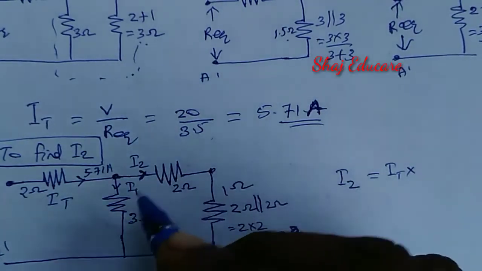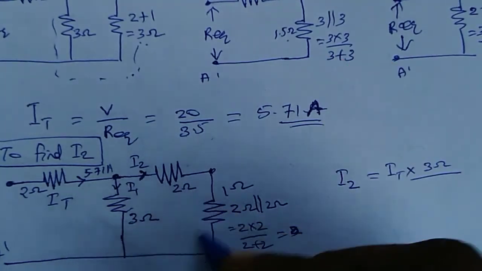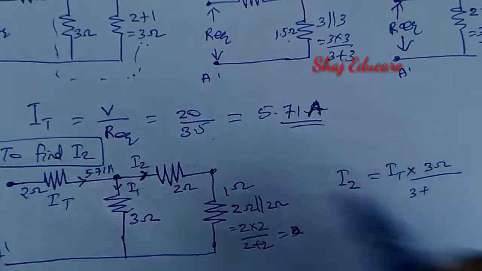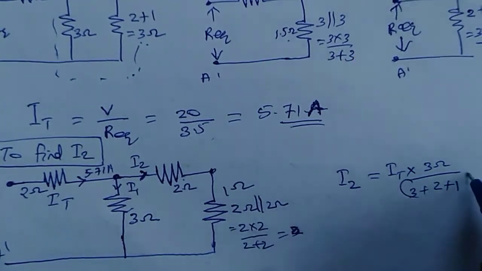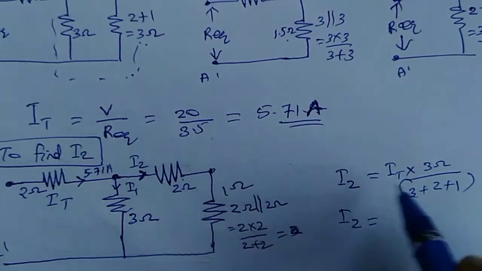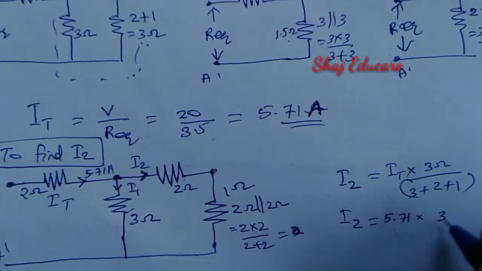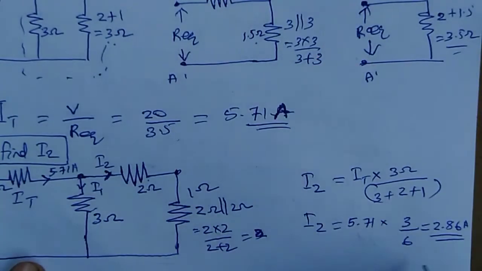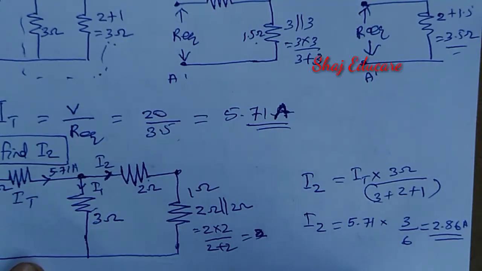So the opposite resistance means 3 ohm, divided by the total resistance in this loop, that is this 3 plus 2 plus this 1. That will be the magnitude of current I2. So it is 5.71 into 3 divided by 6. The answer is I2 equals 2.86 ampere.